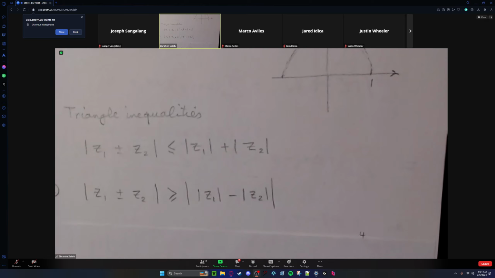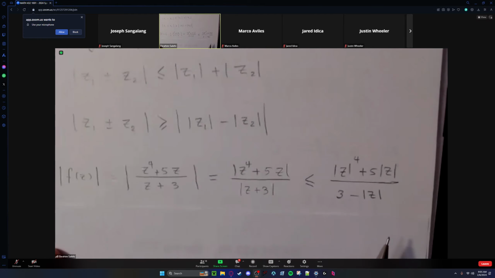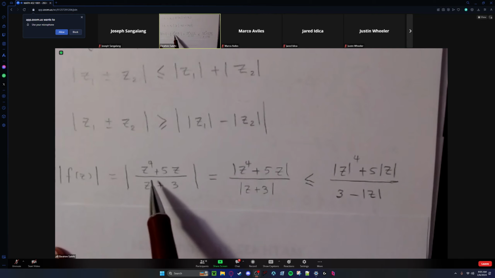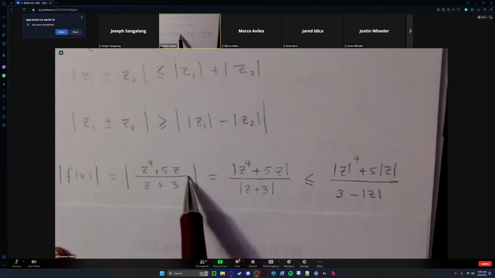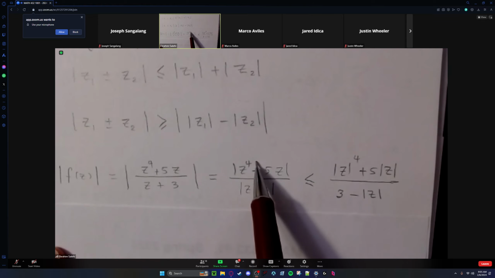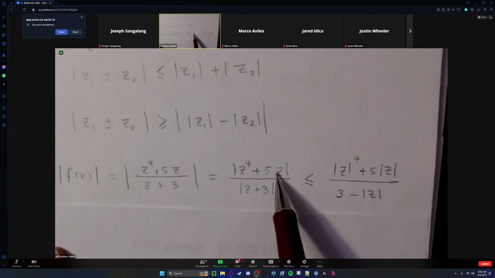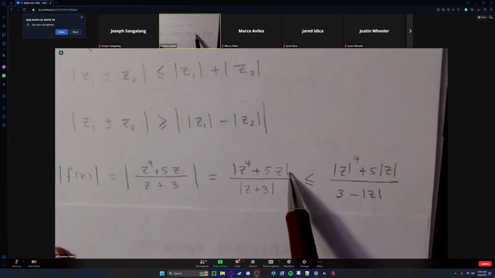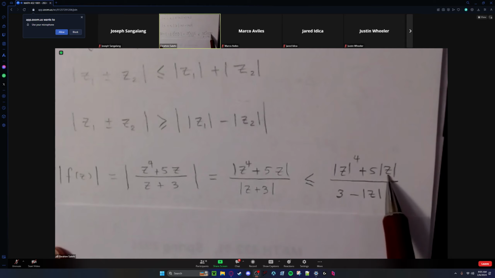So here is the function. For the numerator, well, to begin with, the modulus of a fraction is the modulus of the top over the modulus of the bottom. But the top is less than or equal to the modulus of this plus the modulus of this.